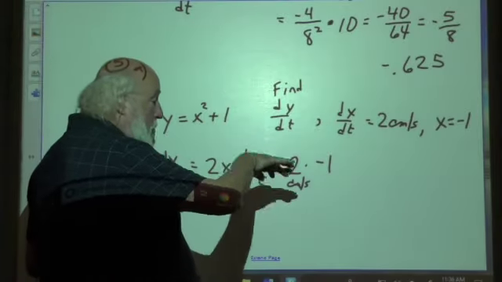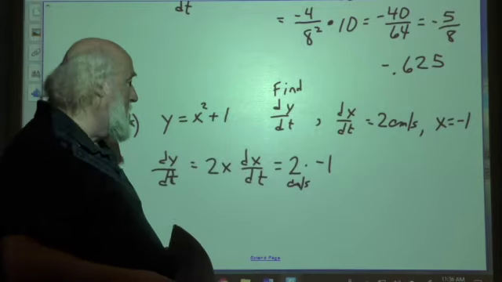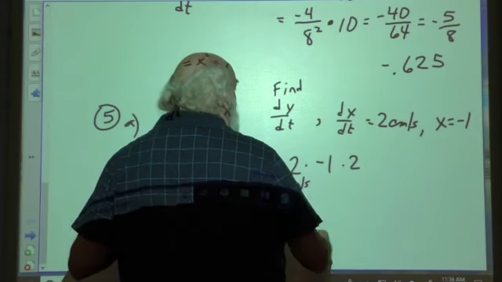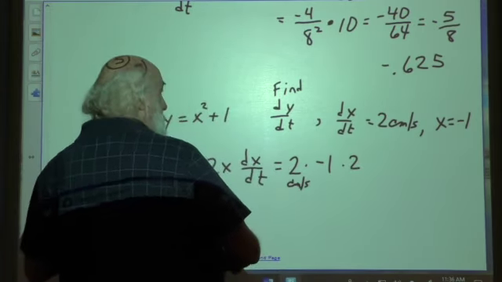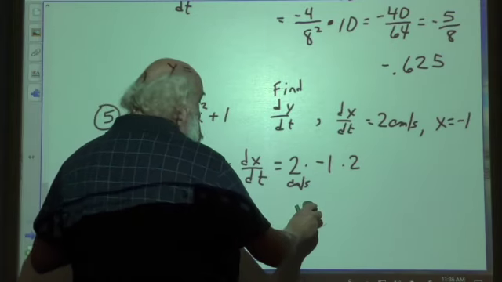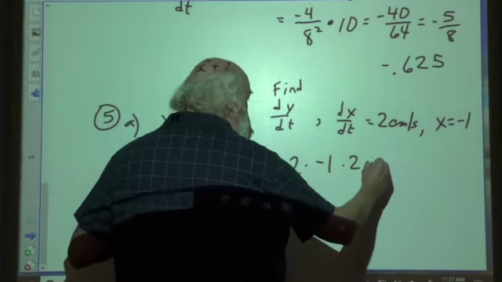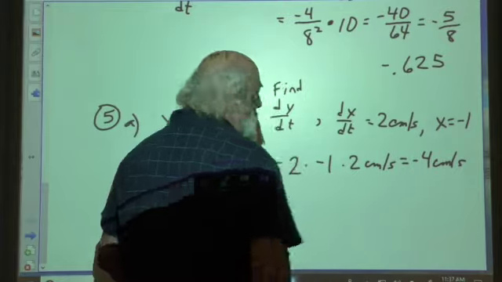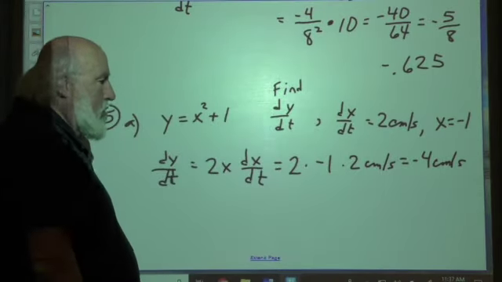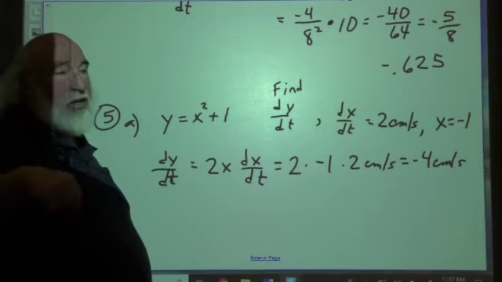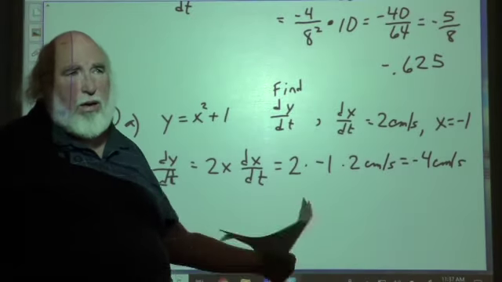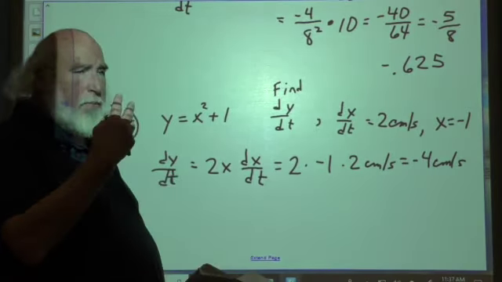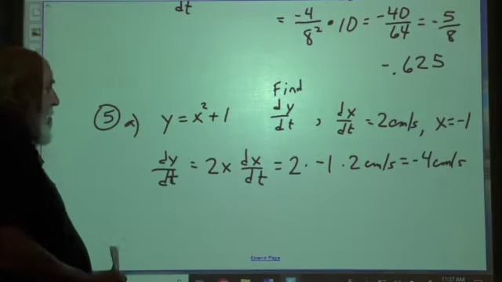We didn't have labels for the earlier ones, but we do for this one. That's the difference between the two sets of problems. So we get negative 4 centimeters per second, which means it's going in the opposite direction. In velocity, the negative sign is in relation to what is going forward or backward, left or right, up or down, whatever. Okay, so this is what you're doing for this.